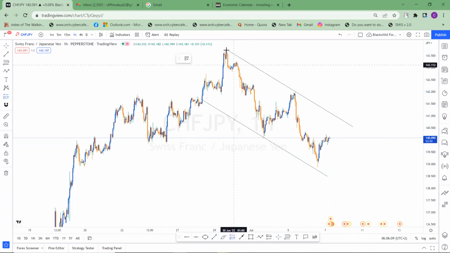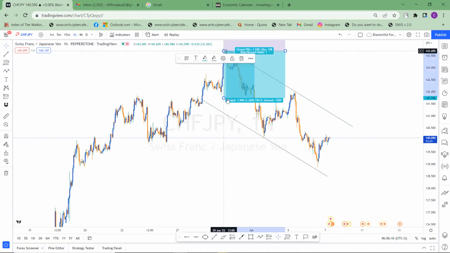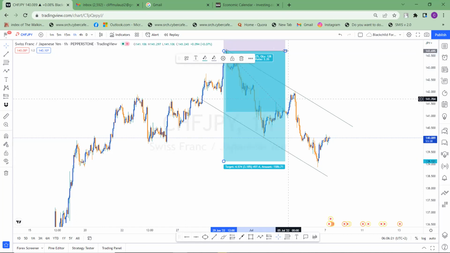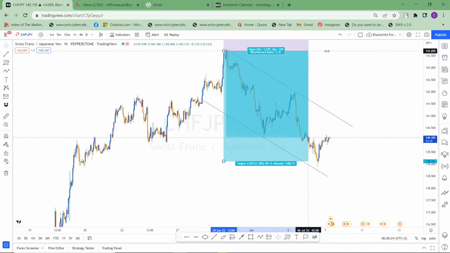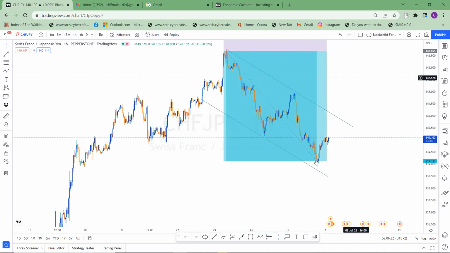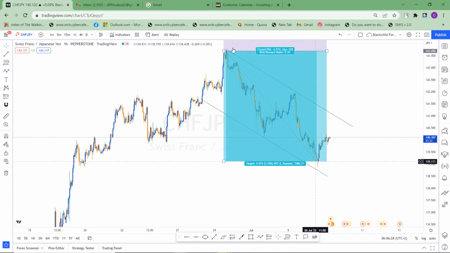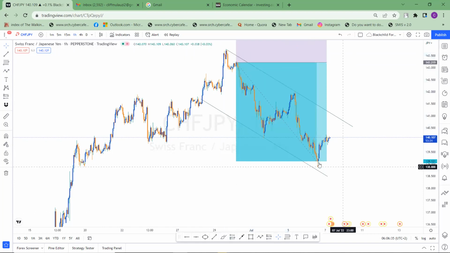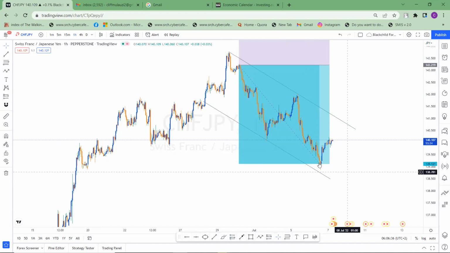Like if you had sold here, let's say you sell here, you take profit down here. This is a very good target. You see? Take profit has been hit. You entered the sell, or you could have entered the sell maybe late, but here still hit. You see? So don't compromise these things.